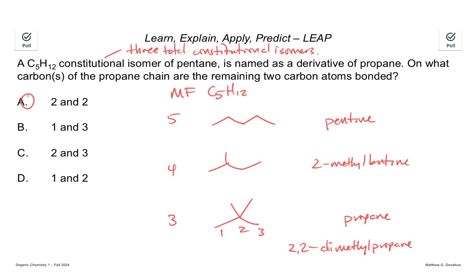So C5H12 has 3 total constitutional isomers. We've now differentiated them by name, structure, and then we still have to do the uniqueness of the last one.